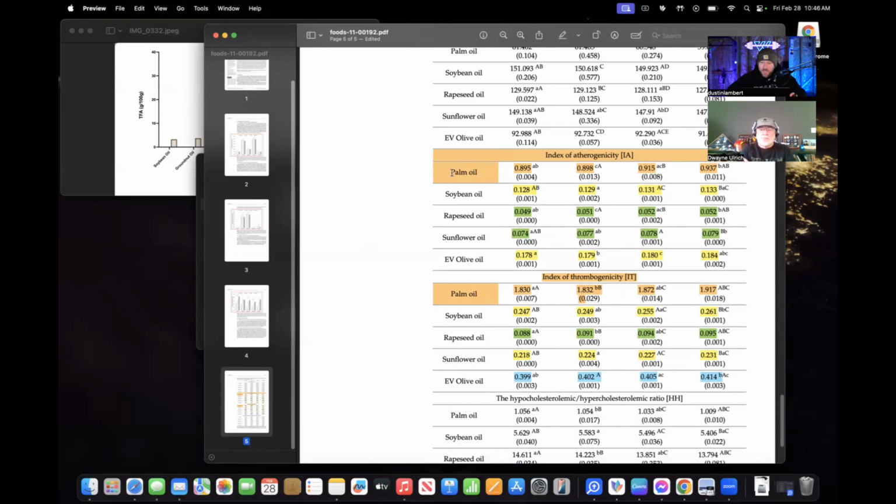And so looking at the palm oil, which would have the most saturated fat content, where it scores on the index of atherogenicity and thrombogenicity is way up there compared to the others. Extremely high. And we can see rapeseed oil here had the lowest. So even at room temperature before heating, it was a 0.049.